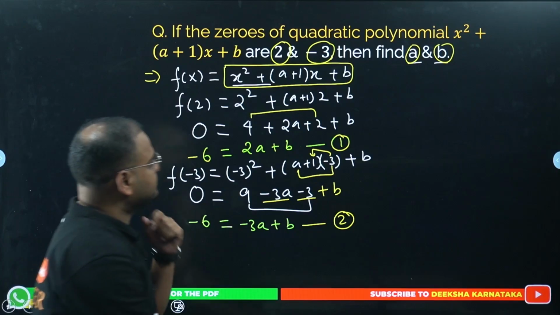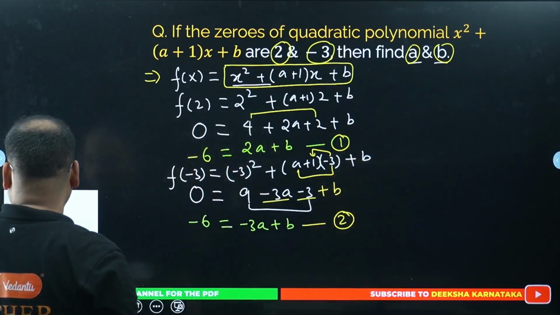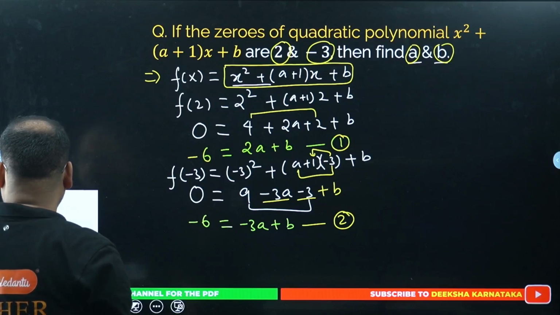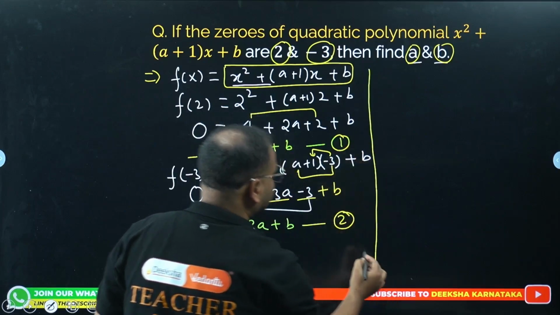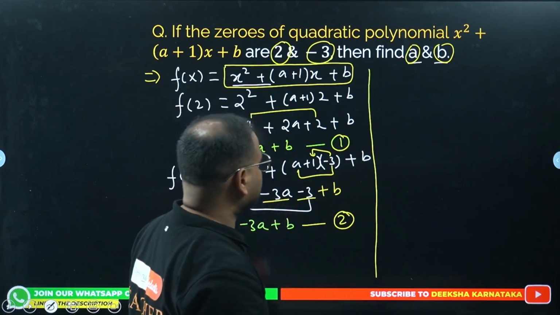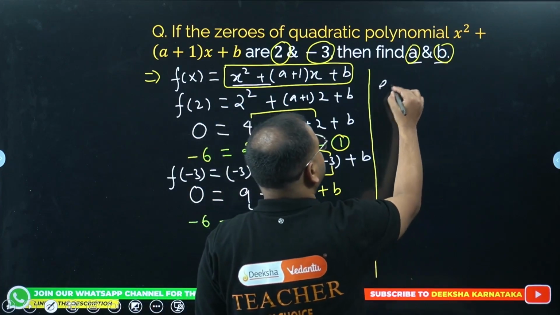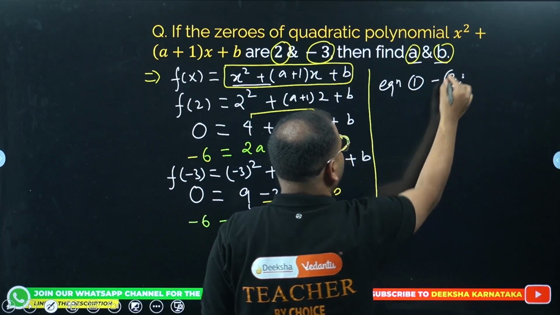Now do one thing. I have to switch back to pen. Okay, it's pen and it's yellow. Let's go. Now do equation 1 minus equation 2.